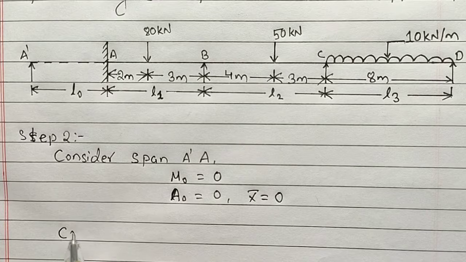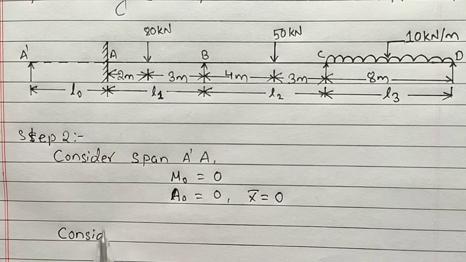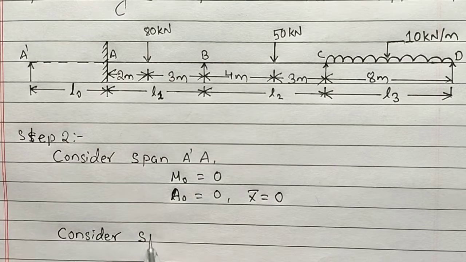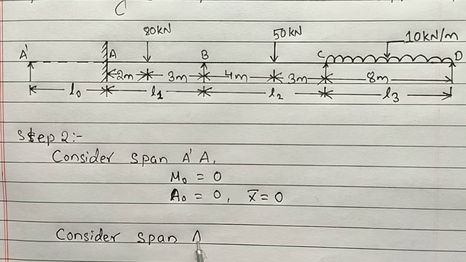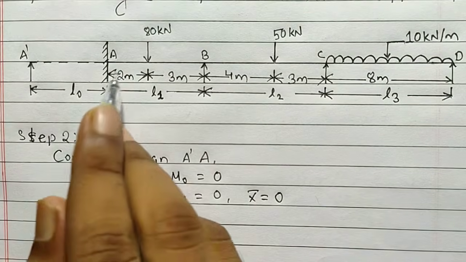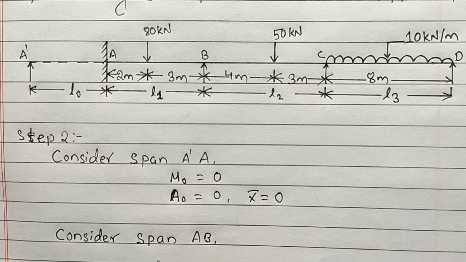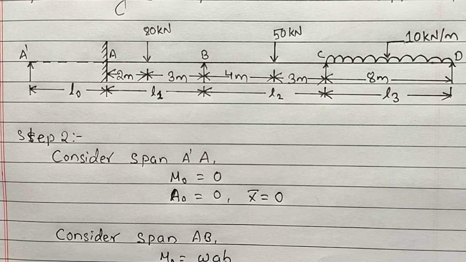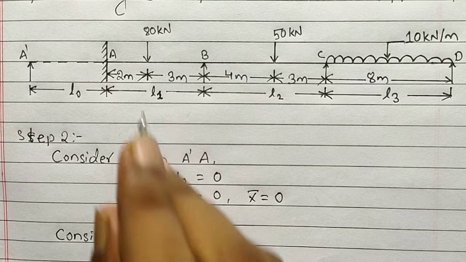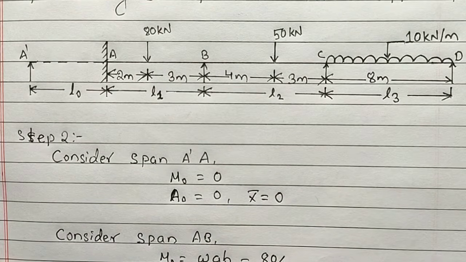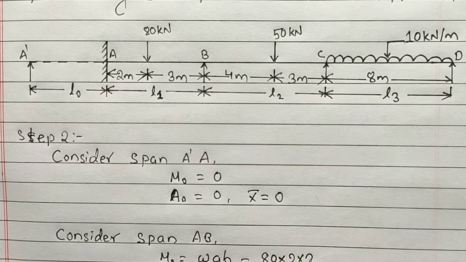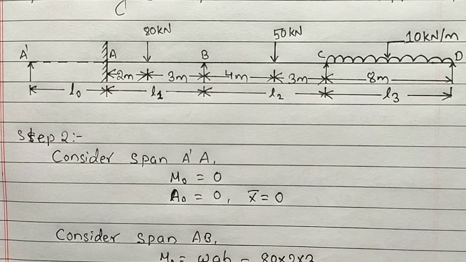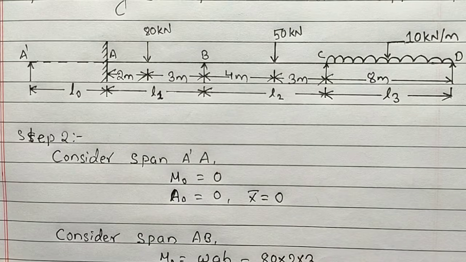Consider span AB, and considering span AB we will have moment equals W a b upon L. So we will have W is 80, into 2 times 3 by L, and L is going to be 5 meter.